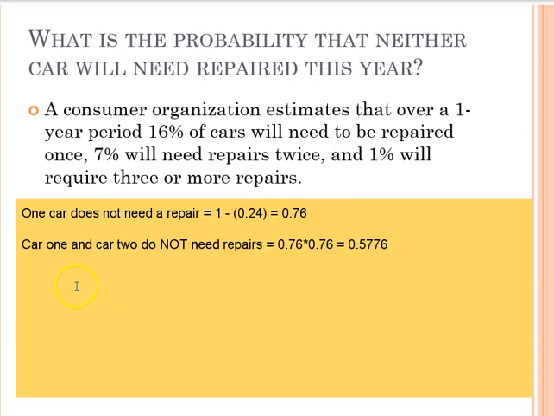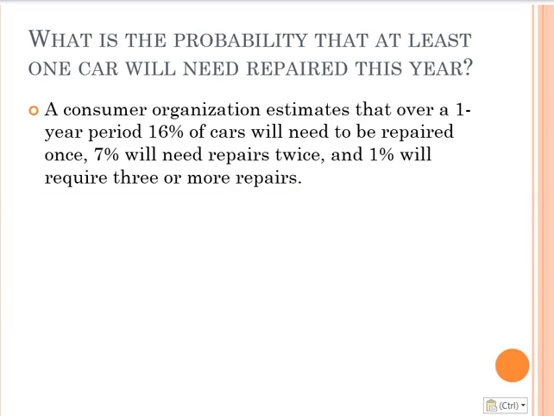The next step then is to use the multiplication rule to find our final probability. We want to know the probability that car 1 and car 2 both do not need repairs. And so because we're using the word and, we can multiply the probabilities for each car that 1 car does not need repaired. So we're multiplying those 2 together. The final probability is 0.5776.